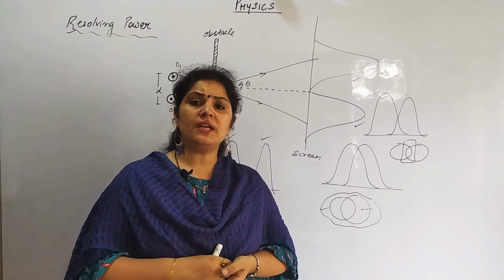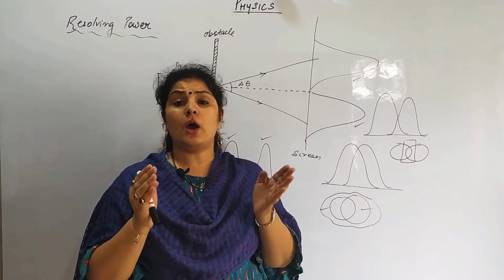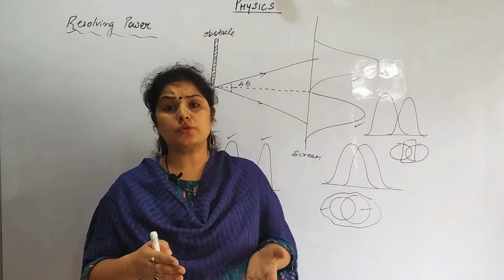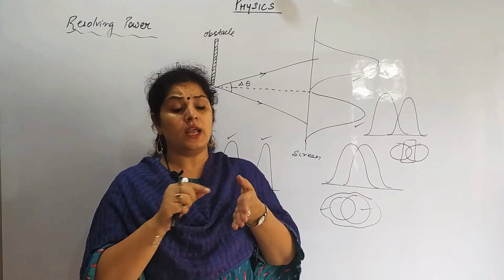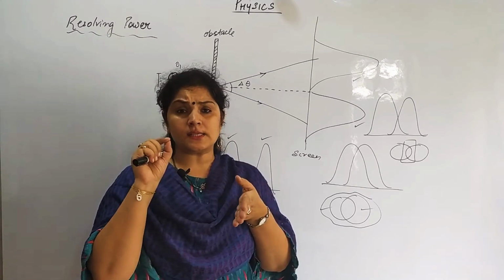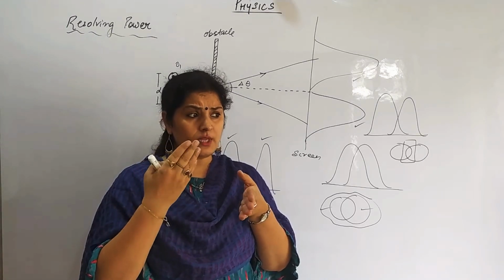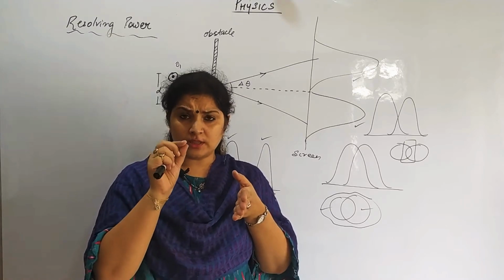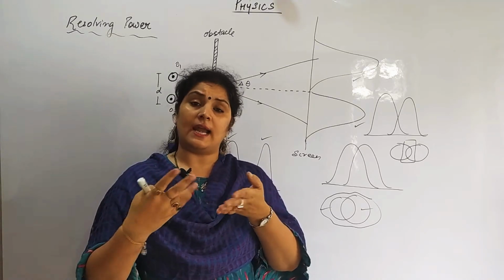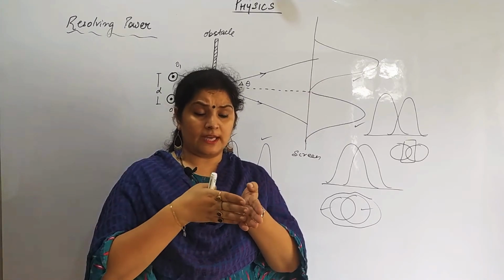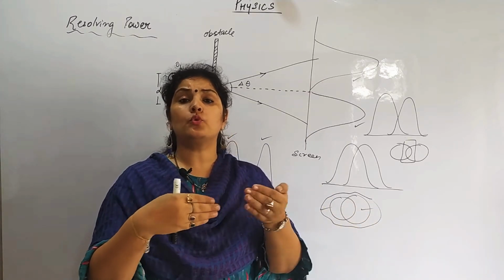For example, take the case of a compound microscope. In a compound microscope, bio students observe slides of cells, animal cells, plant cells, and all the bodies inside the cells, which are so finely apart and very close to each other. Because light has a nature of bending around corners, everything would look merged.